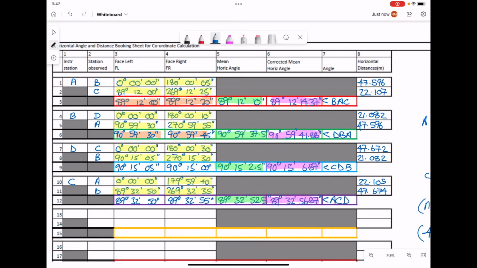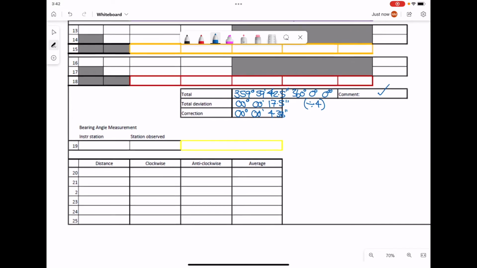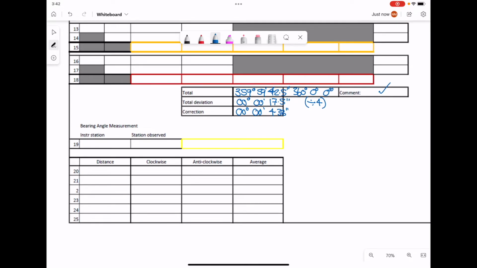Now looking at the distances, we have measured each of the 4 distances twice. So for each of the distances, we're going to write down the 2 values we have and take the average. At the very bottom, we have the distance.